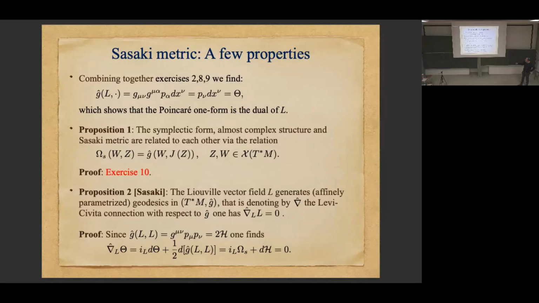So you can check this identity. But now this is 2 times h, so the 1/2 goes away with the 2. So you get dh for this term here. And on the other hand, d theta, that is the symplectic form, so the Lie derivative along L of omega, and you know this is minus dh. So this is minus dh by definition of L, and so this adds to 0. So this is constant along L, but this is dual to L, so this implies this. Okay, so this is the sketch of the proof.